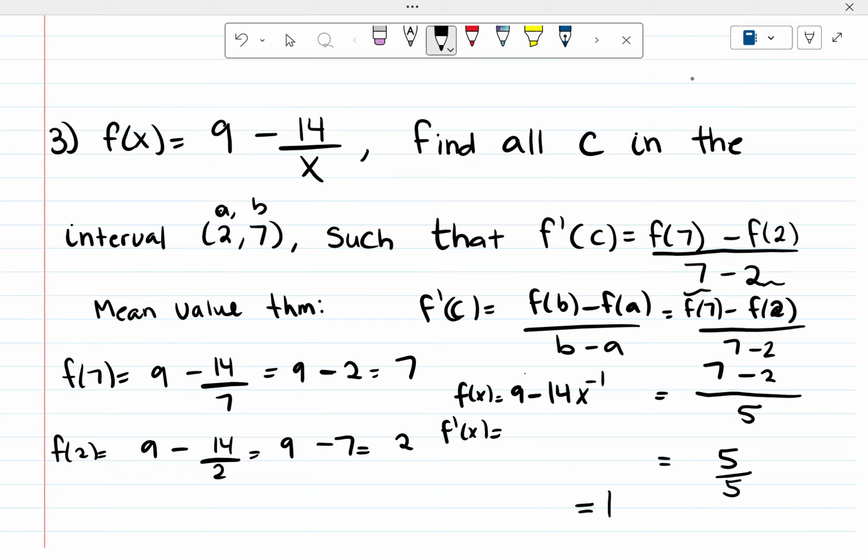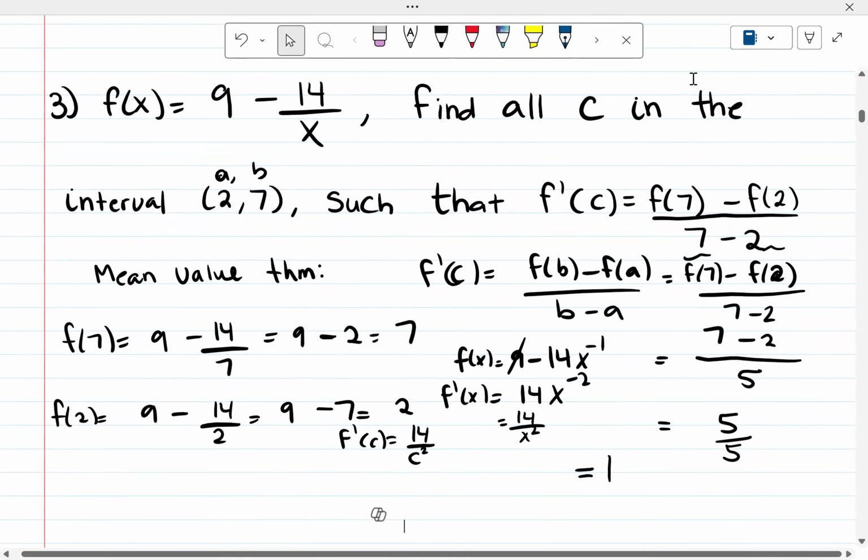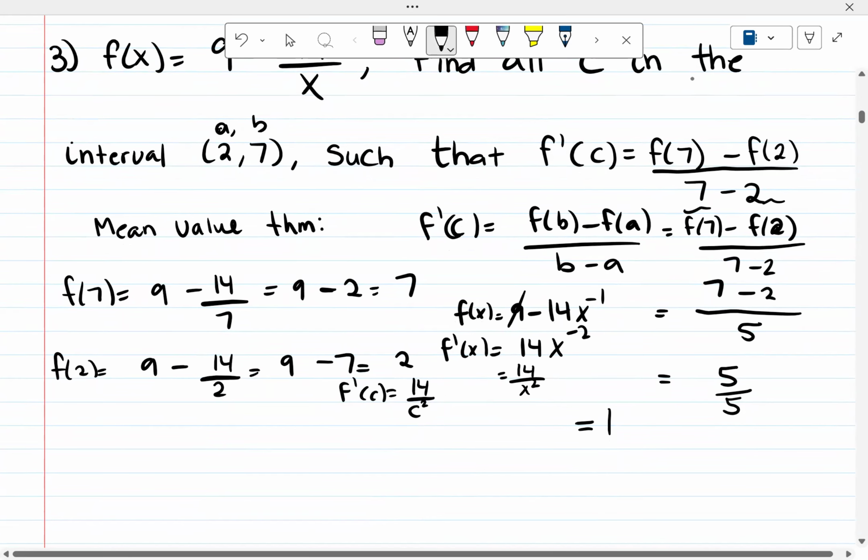The derivative of 9 is 0. Negative 1 times negative 14 is positive 14, x to the old power minus 1, so negative 1 minus 1 is negative 2. Cleaning this up, this is 14 over x squared. Then just plug in c for x. That gives you 14 over c squared.